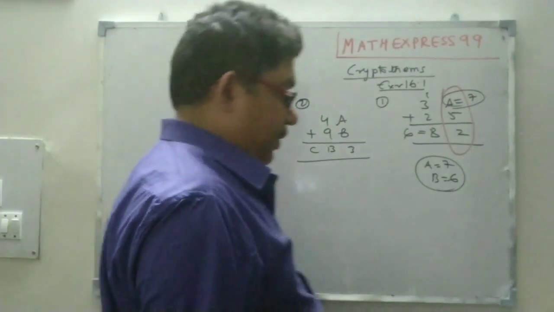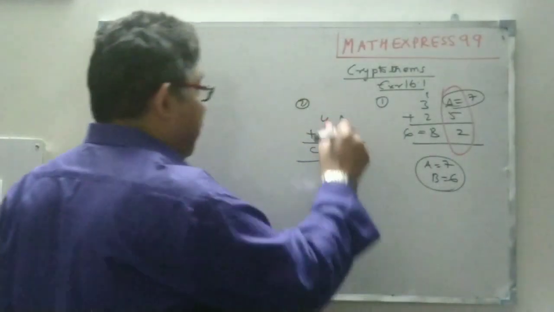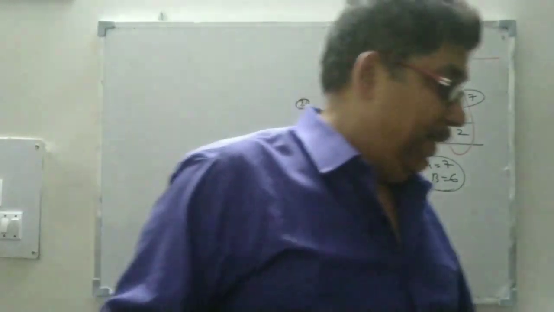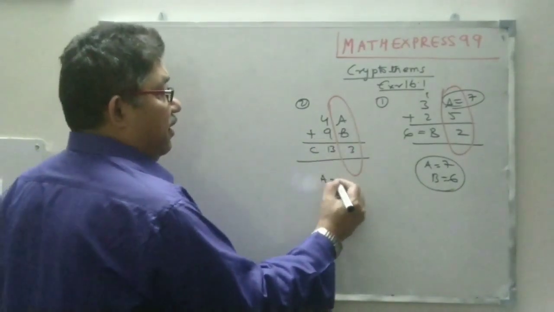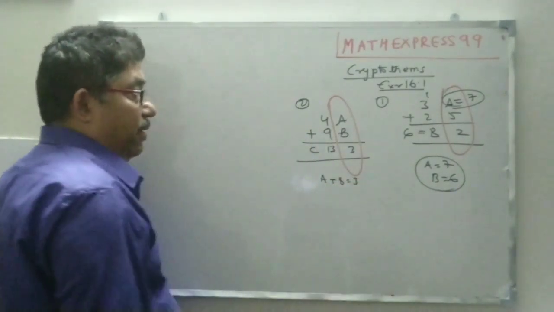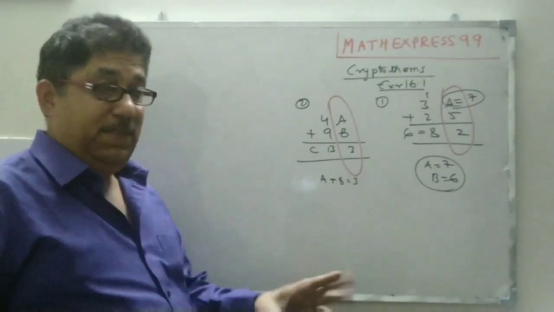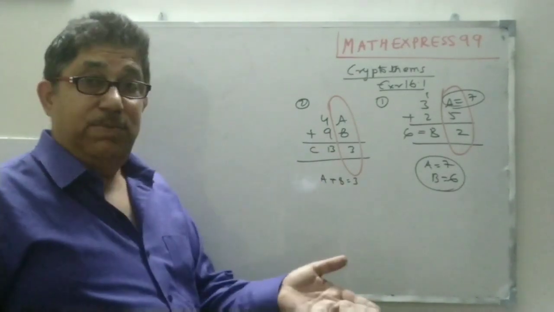This is what I get. I again start with the first step here itself. What do I get as I start from here? It says A plus 8 is 3. Now can A plus 8 be 3? A plus 8 cannot be 3, by the same logic as in the last question. A plus 8 has to be 13.